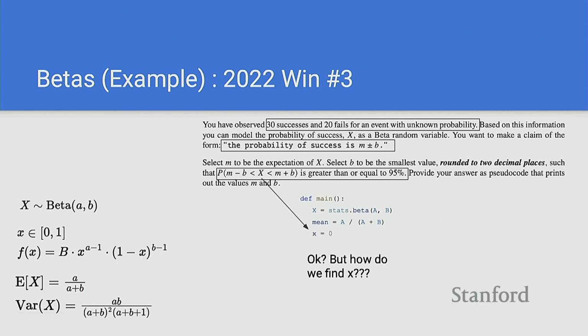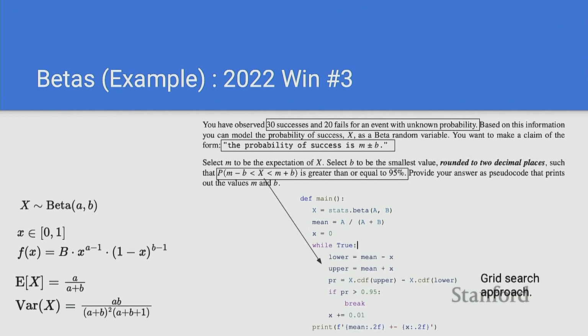So how do we find x? We're given that it has to be accurate to 2 decimal places, within this particular range, and it has to be greater than 0.95, right? The way we do that is in a for loop. Just increment it slowly. Here's a while true, the loop that actually does a grid search approach.